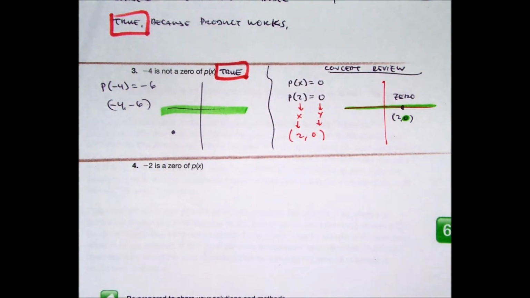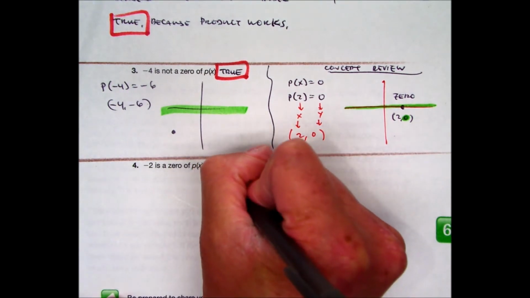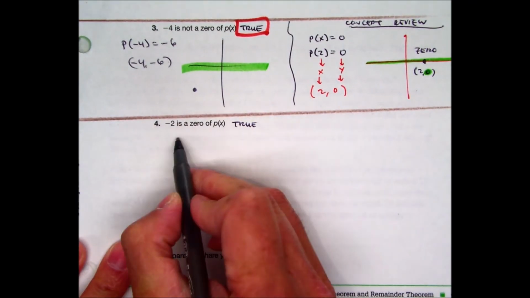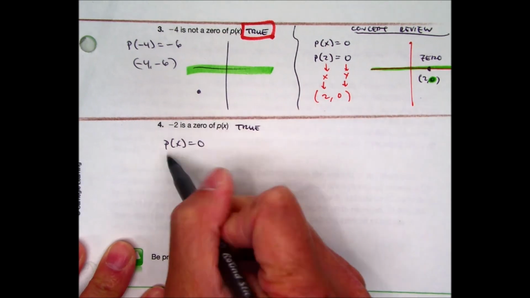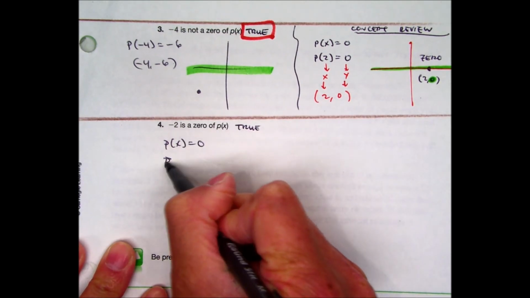And the last one. Kevin? True. Raise your hand. True? False? The answer is true. If we did the same thing over here, P of x equals a 0, and it's telling you negative 2.